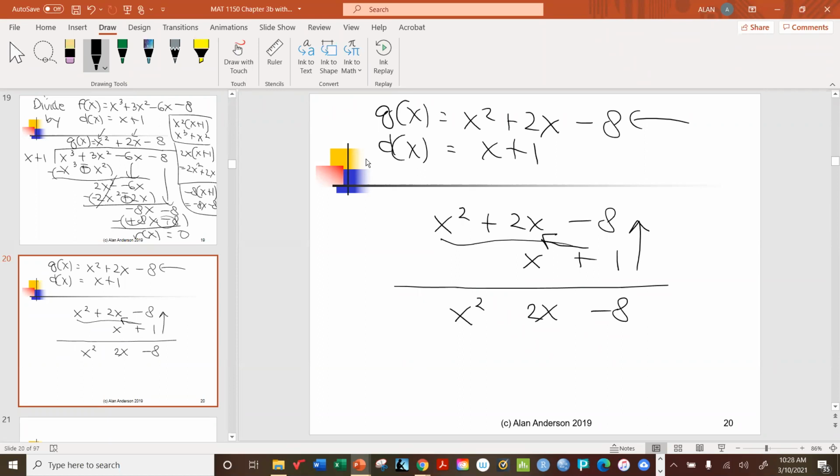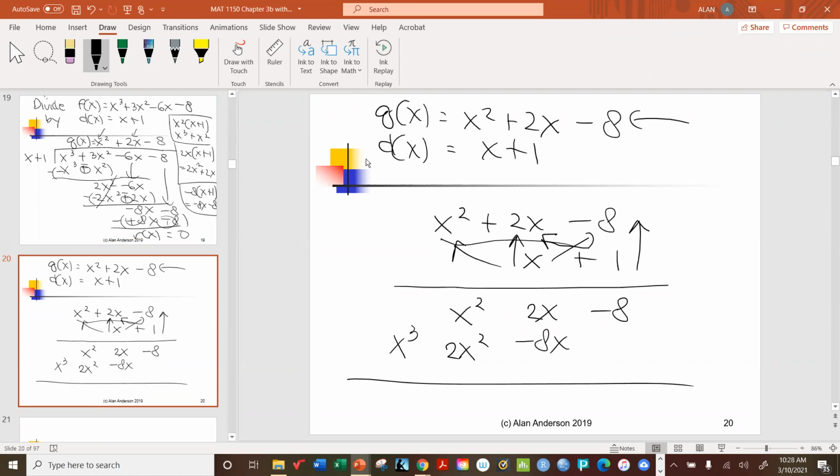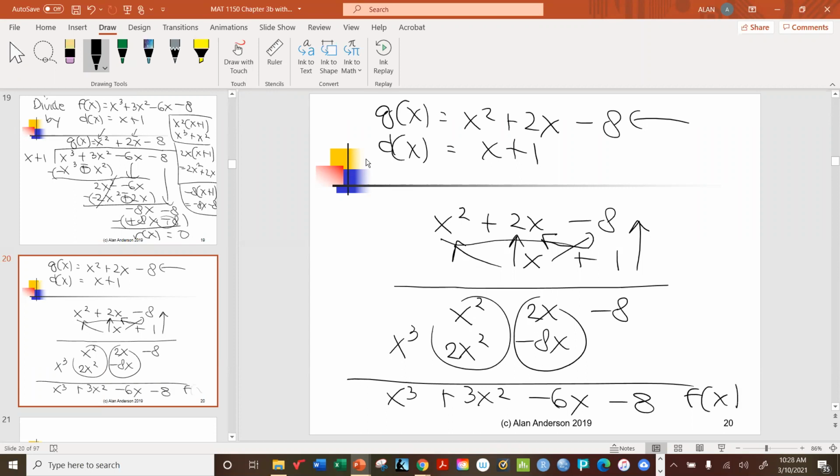And then I'm going to do the same thing with the x. Minus 8x, 2x squared, x cubed. And so I've got x cubed. These are both positives. This is minus 6x minus 8. And that, of course, is the original function. So we just proved that we've done this correctly.